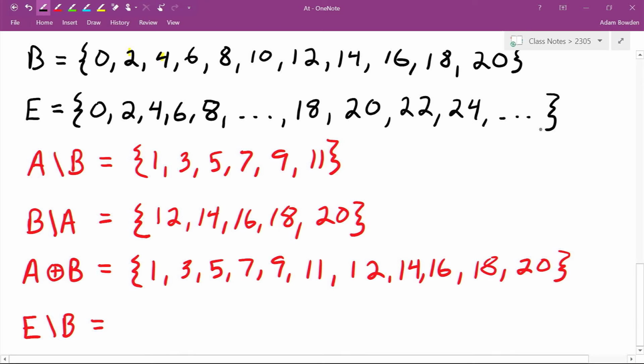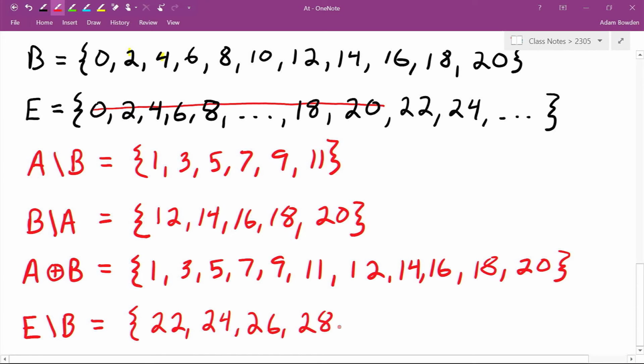If we complement with B, all those elements from B are getting removed from E, so we're going to take away all the even numbers up to 20. So E relative complement with B would contain the elements 22, 24, 26, 28, and then it just keeps on going from there.